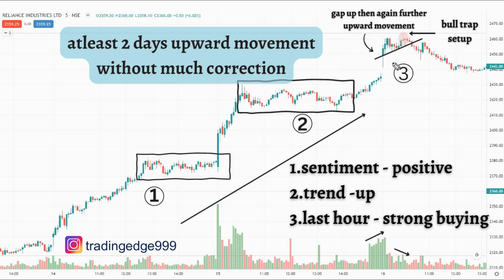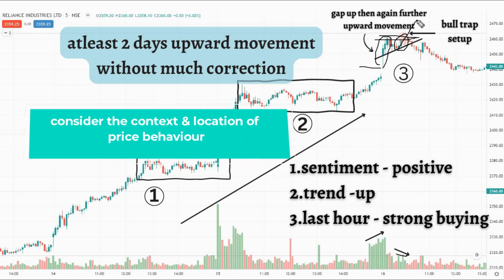But now what we see is a bull trap setup, and also the volumes have gone down in the buying leg, indicating that sellers are coming into the market at these price areas. That's why after gap up and strong buying momentum, we are not seeing a continuation after breaking the day high or the important swing high.